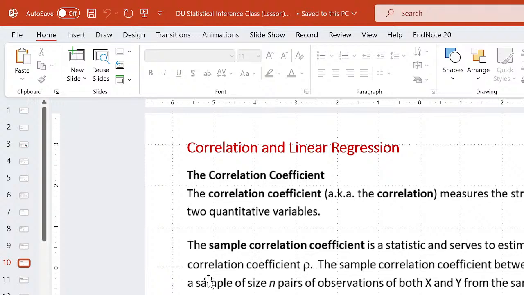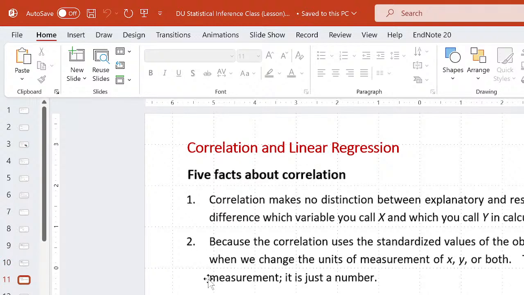Correlation has no units, which is really cool actually, because it means that you can change your units. Let's say that you're doing a correlation between height and weight. For height, you can use inches or centimeters or fractions of a mile. For weight, you can use pounds or fractions of a ton. It doesn't matter. Correlation is never going to change.